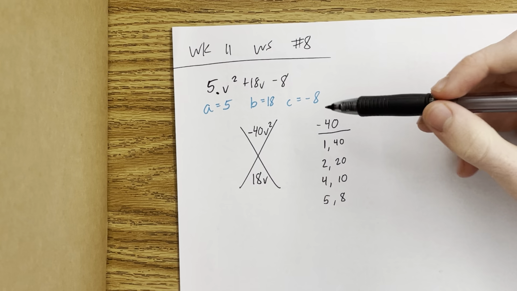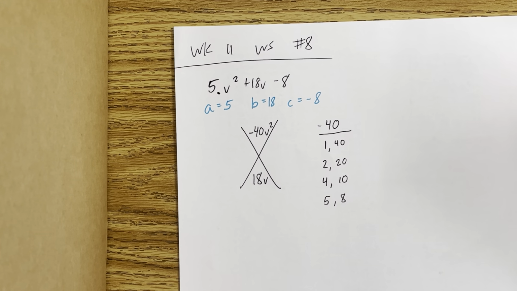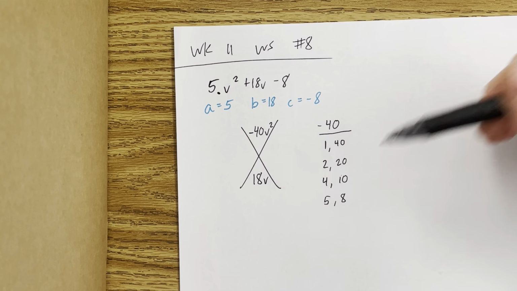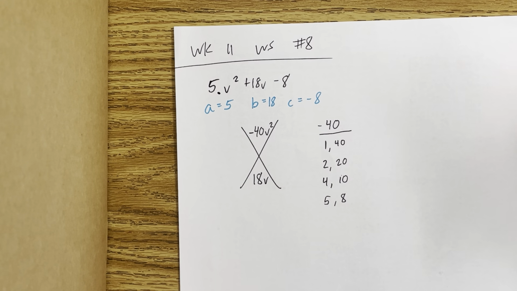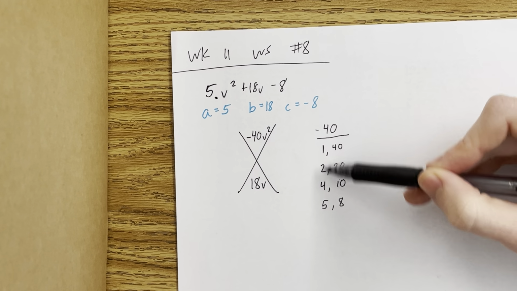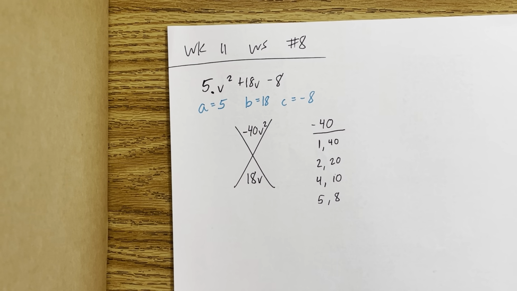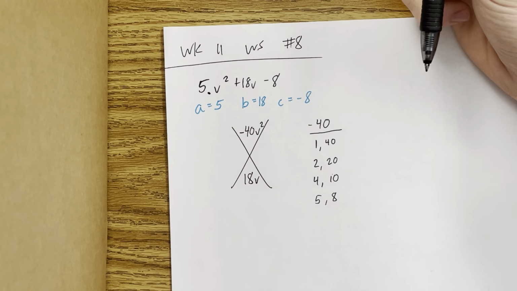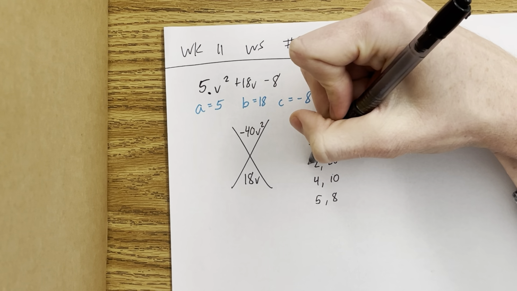So at this point, we notice that we multiply to equal a negative number, which tells me one of these must be negative. Now, when we add those together, we get a positive number. So what that tells me is that one of these is going to be negative, one of them is going to be positive, but when we add them together, it'll equal a positive number. So that tells me that the negative number must be the smaller one.